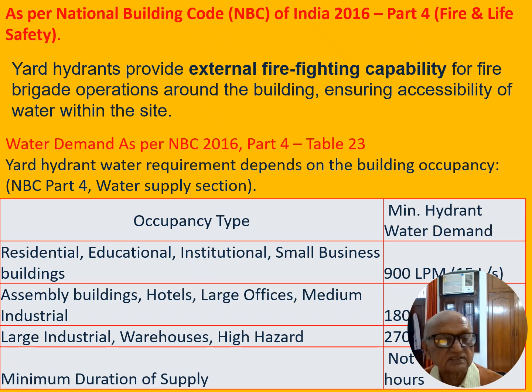We can see that for residential, educational, institutional, and small business buildings, the requirement is 900 LPM, liters per minute. In case of assembly buildings, hotels, large offices, and medium industrial, the requirement is 1,800 LPM.